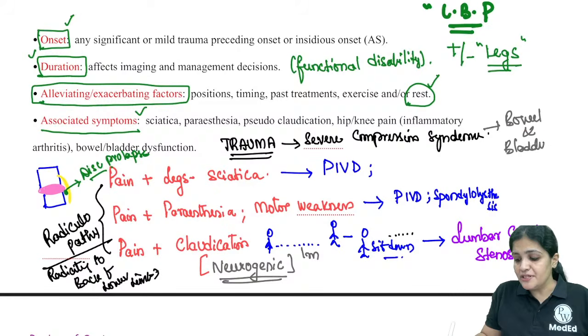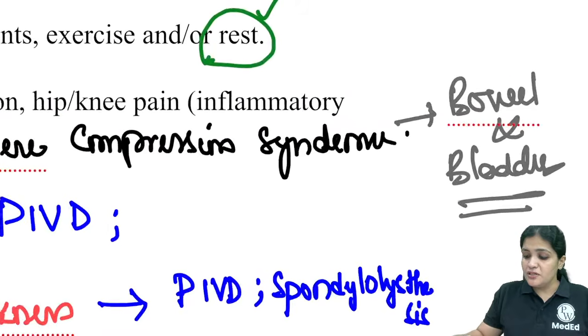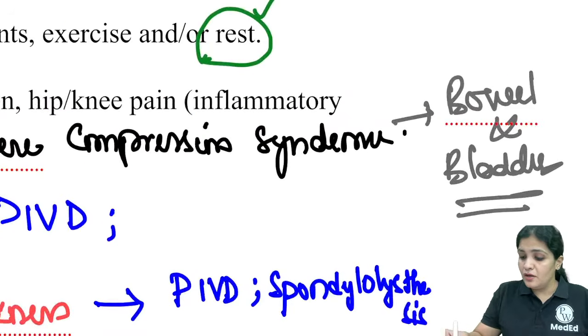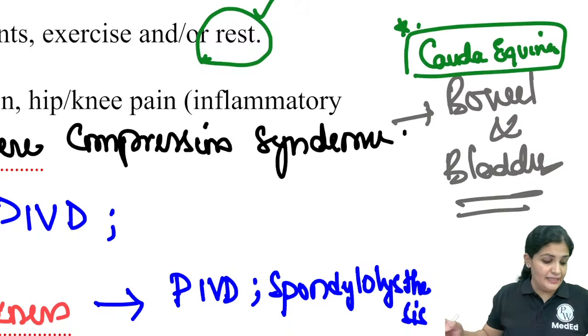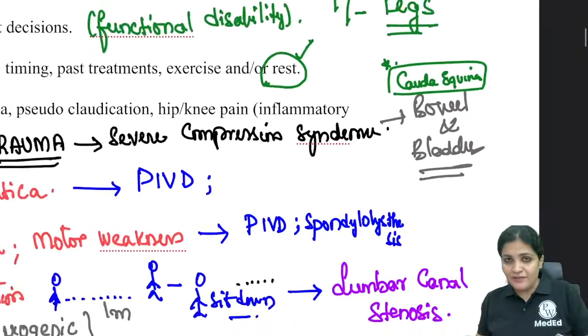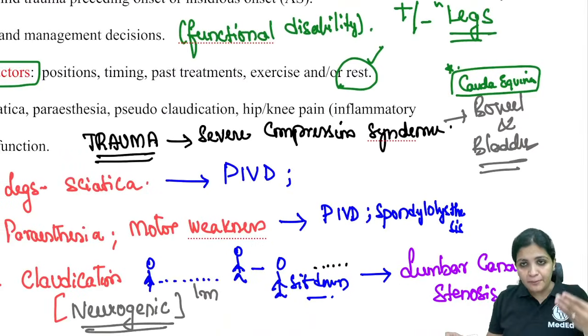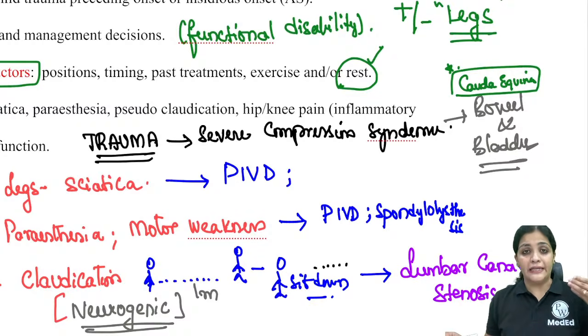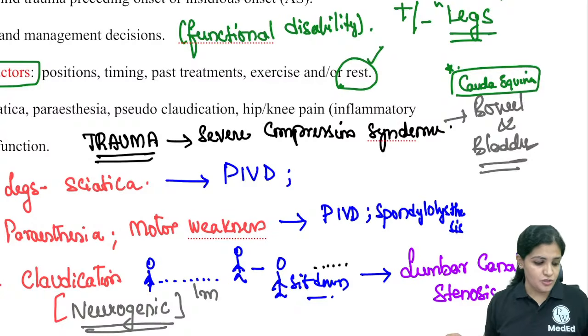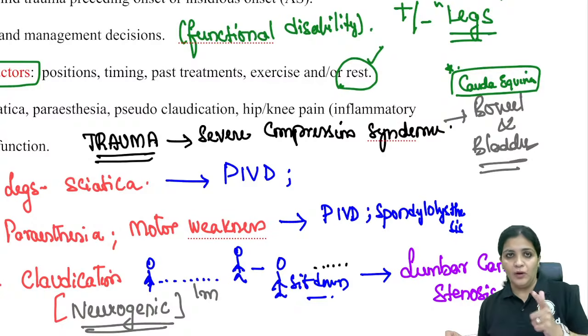So what is this compression syndrome called? This is called your cauda equina. So once you have examined the patient and the patient complains about bowel and bladder involvement, that is incontinence of bowel and bladder, then you can think of a syndrome which is called cauda equina syndrome.